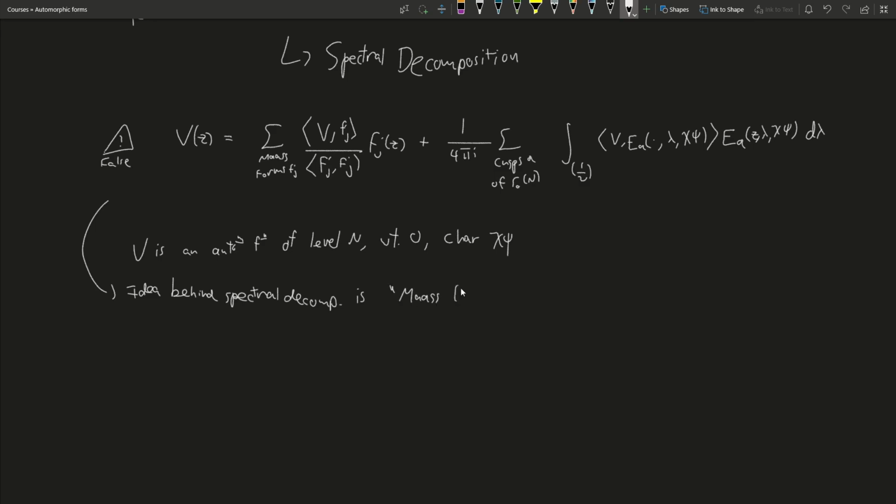So Maass forms, and then plus Eisenstein series are a basis for the set of functions that satisfy this, the set of automorphic functions of level n, weight 0, and character chi psi.